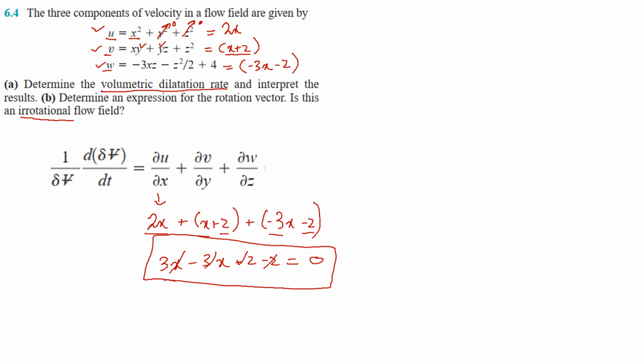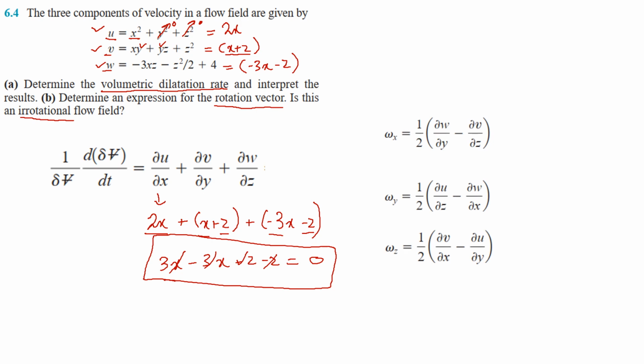So now what we are going to see is whether there is any rotation vector for this flow field, or is this flow rotational or not. So for that purpose we are going to use our rotational terms, that is the rotation along the x-axis, rotation along the y-axis, rotation along the z-axis. And similarly to what we did, we will take the partial derivative of the x, y and z velocity vectors with respect to x, y and z.